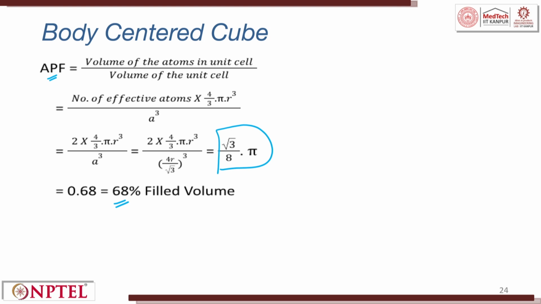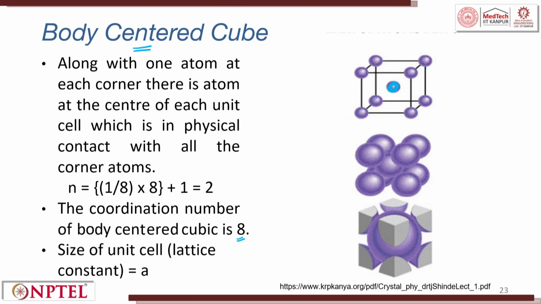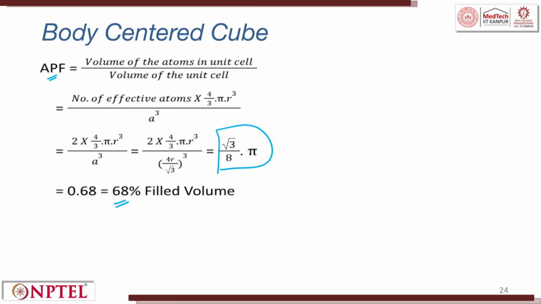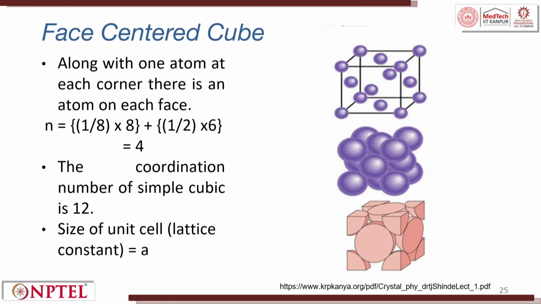Now, you see, depending upon the atom's location, whether you define it as body centered or simple cubic, the atomic packing factor changes. Now, when we do face centered, what is face centered? In face centered, you will have the basic cube, and at every face you will have one atom.